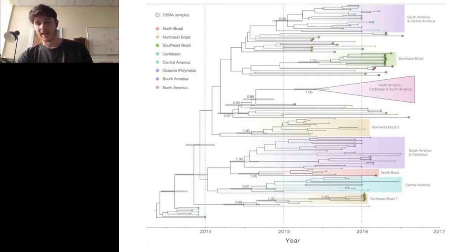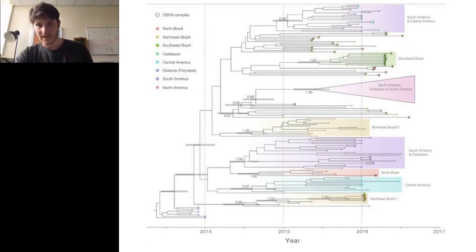And this gave the phylogeneticists plenty to work with, and they produced this tree here showing that there were multiple introductions of Zika in Brazil, that multiple clades were currently circulating.